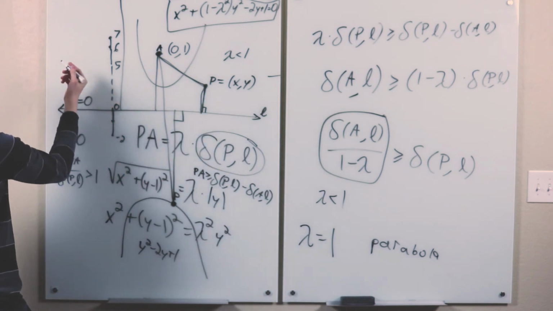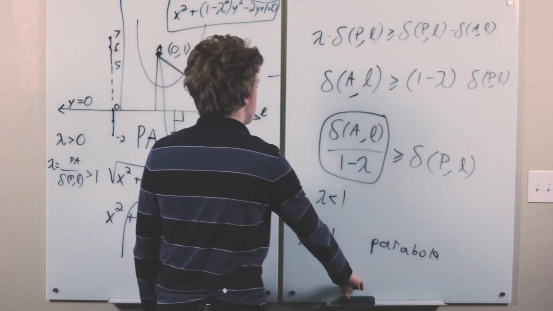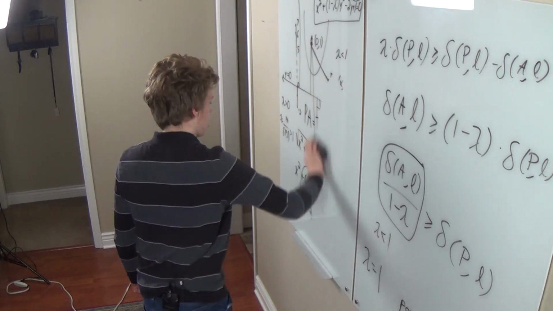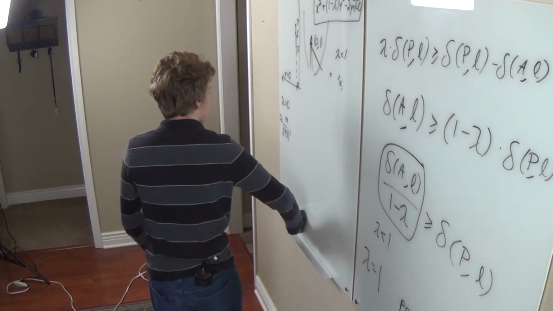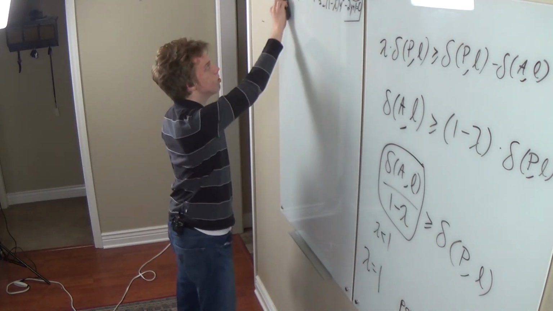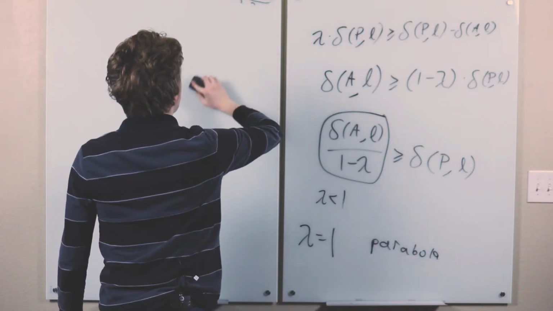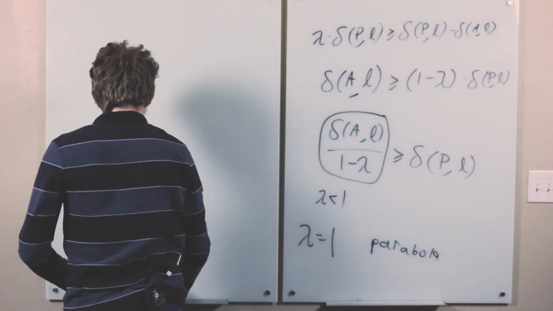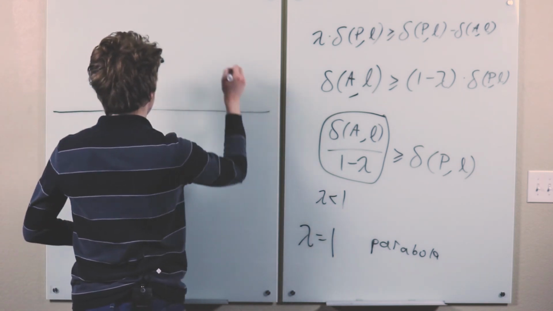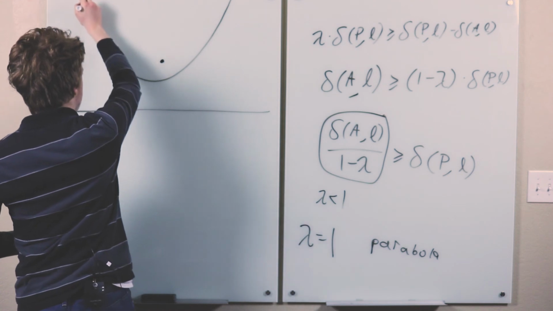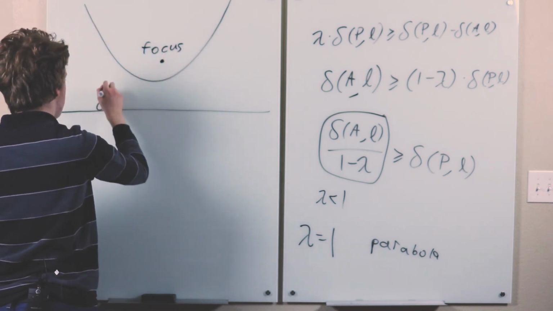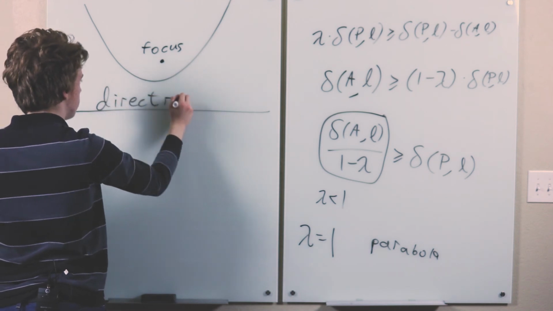So we see this quite simple definition of a parabola as the curve of all points that are the same distance from a given point and a given line not passing through that point. This is called the focus of the parabola, and this is called the directrix.